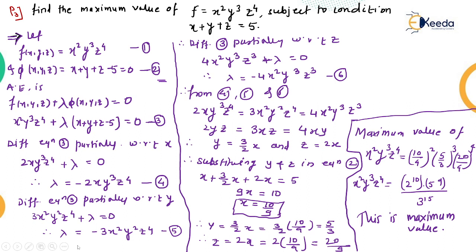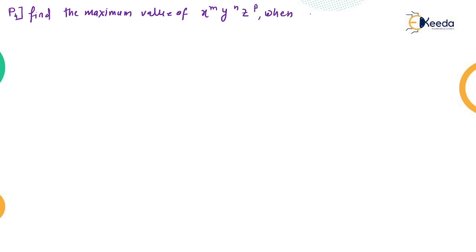Now I am going to discuss the next problem. Let's see. Problem number 4: find the maximum value of x power m y raised to n z power p, when the conditional function is given to you, that is x plus y plus z is equal to a.